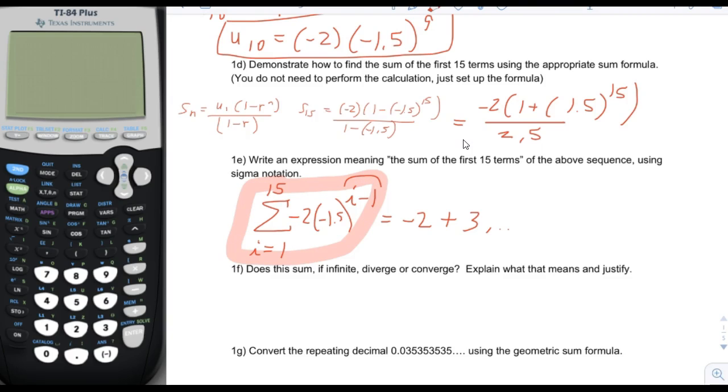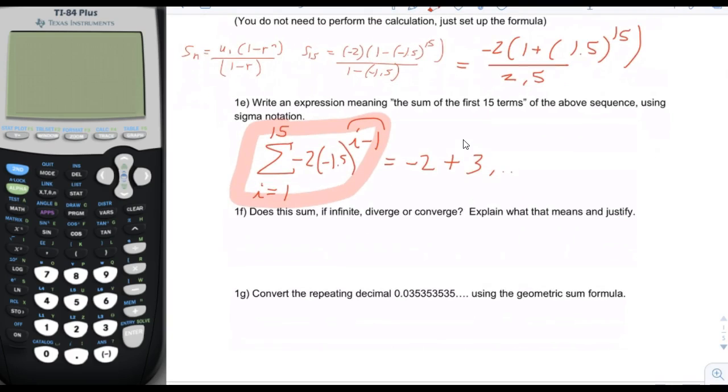Okay, all right. Does the sum, if infinite, diverge or converge? Explain what this means and justify. So, if you have a geometric series, and if r happens to be less than 1, or the absolute value of r happens to be less than 1, then the values of the sequence slowly go down.